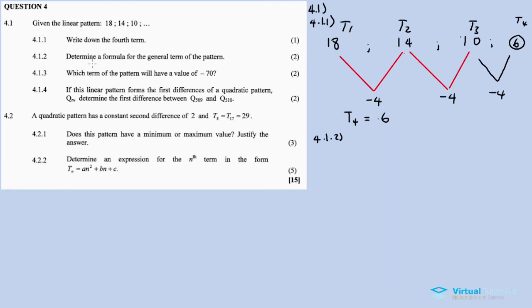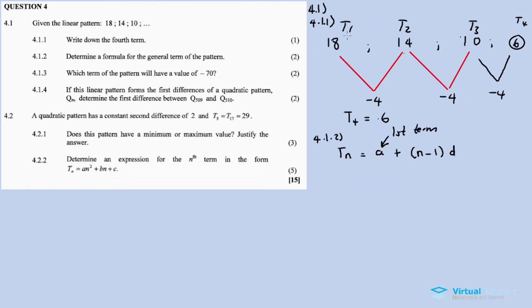4.1.2, determine a formula for the general term of the pattern. For a linear pattern, the general term is calculated as Tn equals A plus, in brackets, n minus 1, times D. A represents the first term in your pattern.